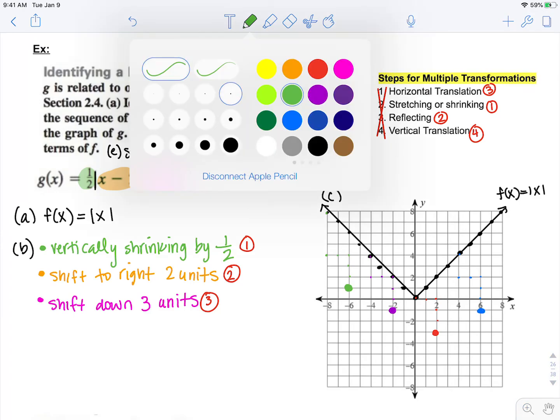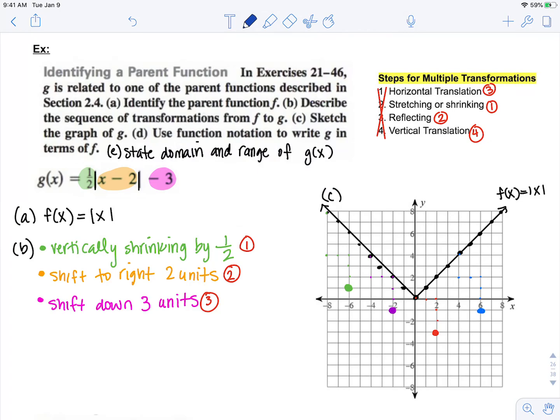And now, if I connect these points with a line to make the same shape, this is g of x, which is shrunk vertically by 1/2 and shifted right 2, down 3.